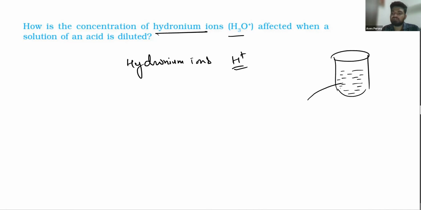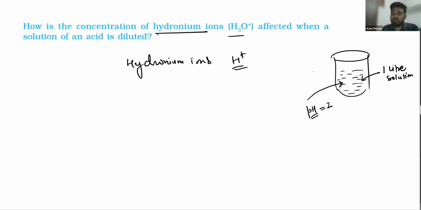Let's suppose this is a solution with pH 2. Now this is a 1 liter solution. Let me explain, and you have to understand this concept very thoroughly.